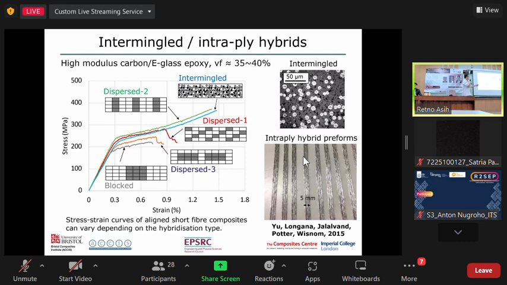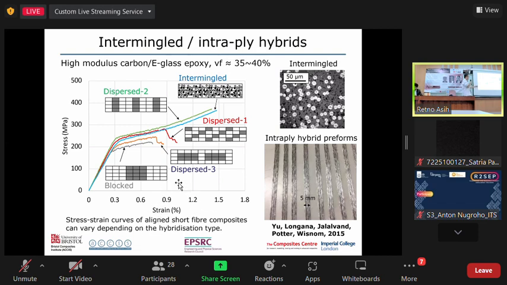Two of the optimal ones are the intermediate and dispersed, so we have linear and non-linear types. This is a mix between carbon and glass. By having the carbon dispersed within the glass, you can delay the fracture and damage propagation. So this is quite nice for discontinuous.